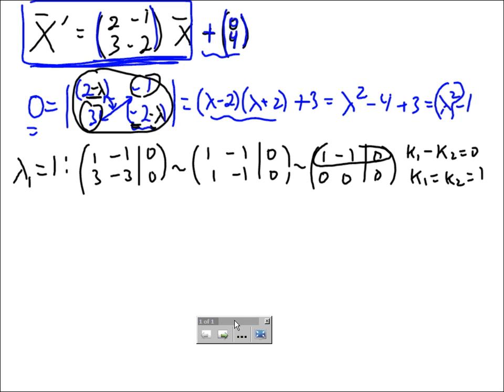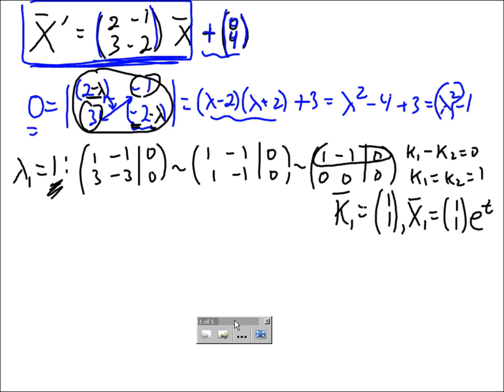Let them both equal 1. So big K, vector K1, is little k1, little k2. So that tells me that the vector x1 is 1, 1, times e to the lambda t, e to the 1t, or e to the t.